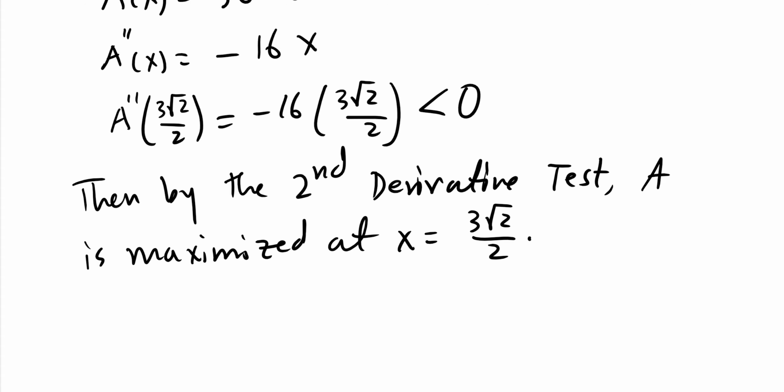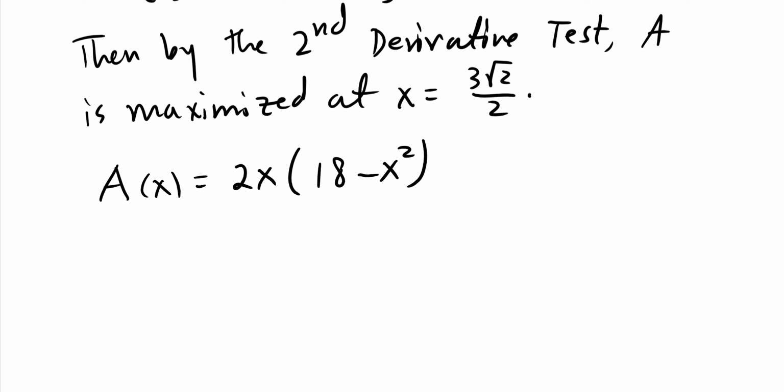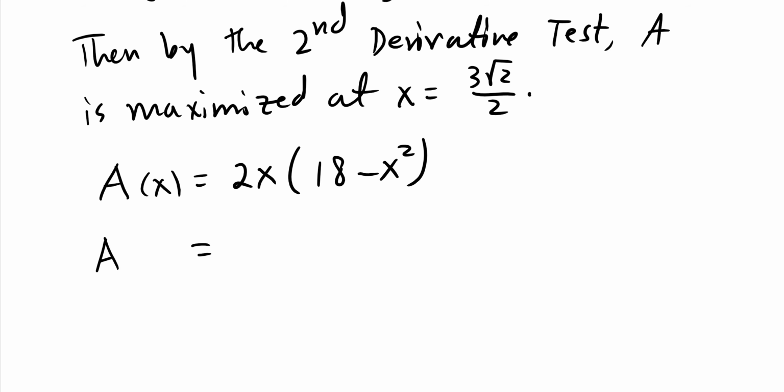So how do we find the area? We're looking for the area, and we started with the expression 2x times 18 minus x squared. So we just substitute x equals 3 square root of 2 over 2 to find the area.